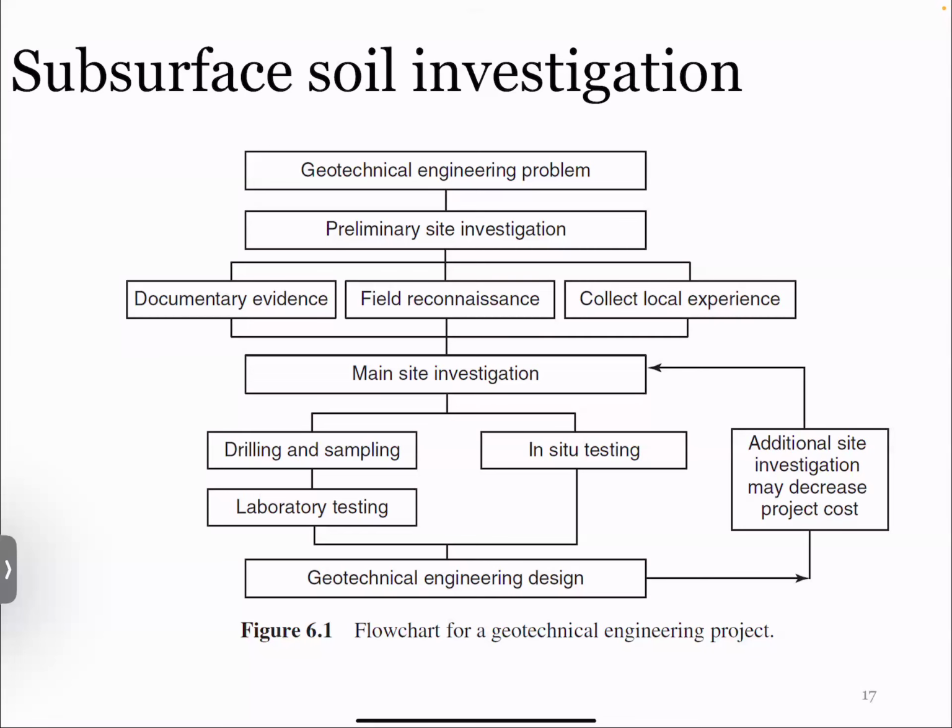There's a lot you can learn about a site just by talking to the farmers who used to work there, or landowners whose families have been there for hundreds of years. Google Maps only goes so far, documentation only goes so far. Then we get into the main site investigation, where the geotechs really come into play: drilling and sampling, laboratory testing, and in situ testing.